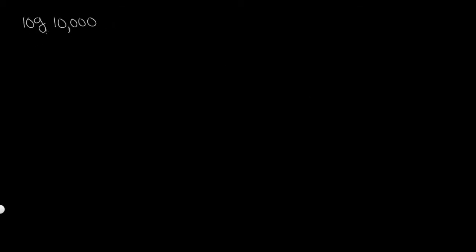Oftentimes you'll see a logarithm without any given base, and it's actually really easy. It's the same thing. If you don't have a base given or implied, by default it's log base 10. So log of 10,000, since it doesn't have a base, is log base 10 of 10,000. And we can write this in exponential form by setting this equal to x and raising our base, which is 10, to the x power is equal to 10,000.